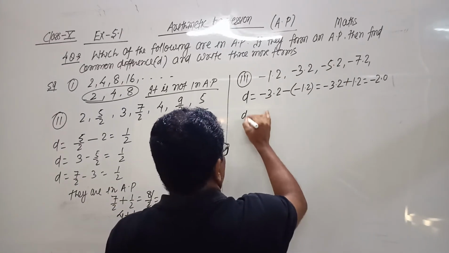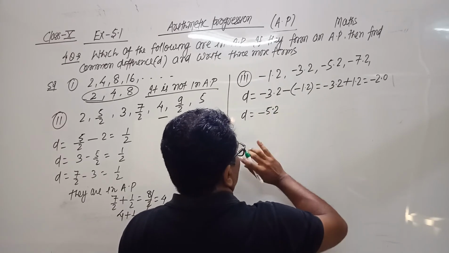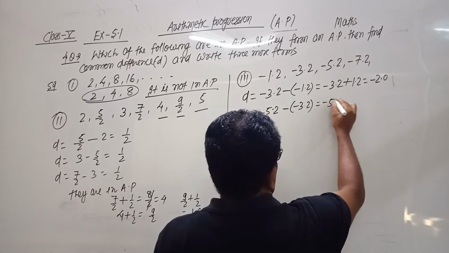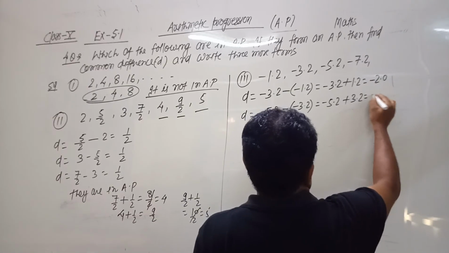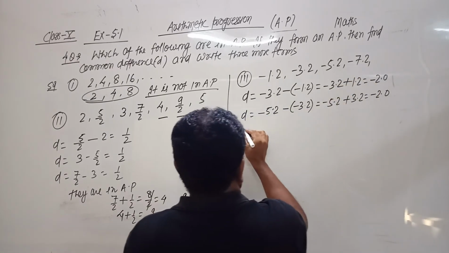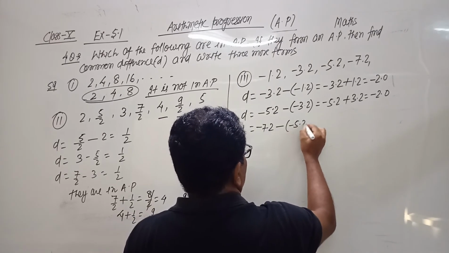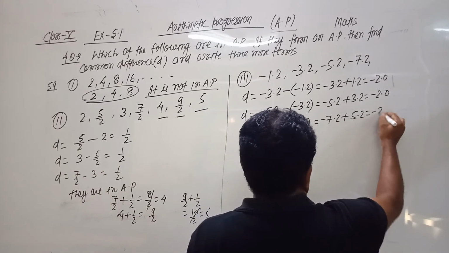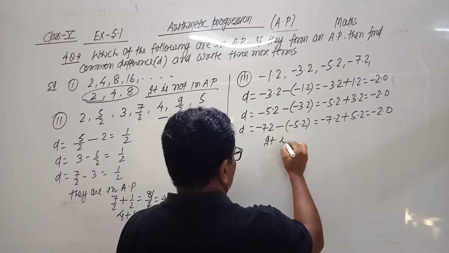Again we find D: minus 5.2 minus minus 3.2, so minus 5.2 plus 3.2, again we get minus 2.0. Then minus 7.2 minus minus 5.2, so minus 7.2 plus 5.2, again minus 2.0. Since the common difference is the same, it is in AP.